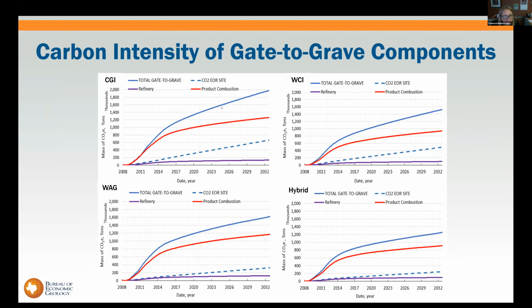You can see here, in the grave-to-grave, the total carbon intensity, the carbon intensity of the product combustion, and the carbon intensity at the CO2-EOR site and at the refinery, and you can see the contribution of those through time. The product combustion is very significant at the beginning and then stabilizes in all our scenarios.